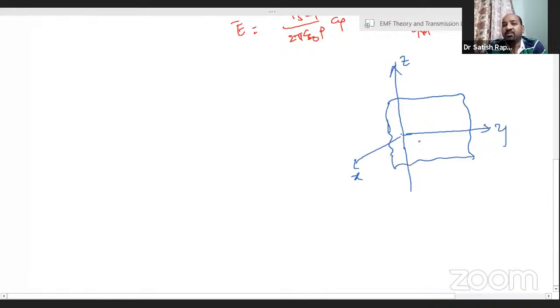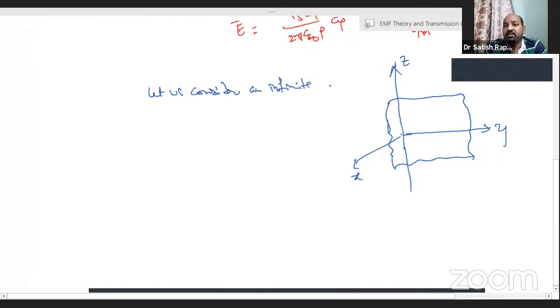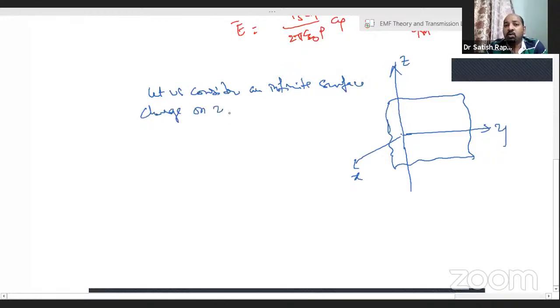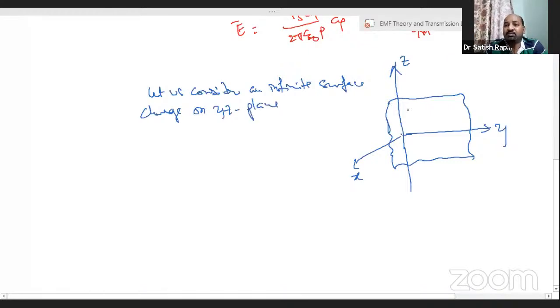Let us consider an infinite surface charge on the yz plane. So this is the yz plane, and on the yz plane I'm considering a surface charge.